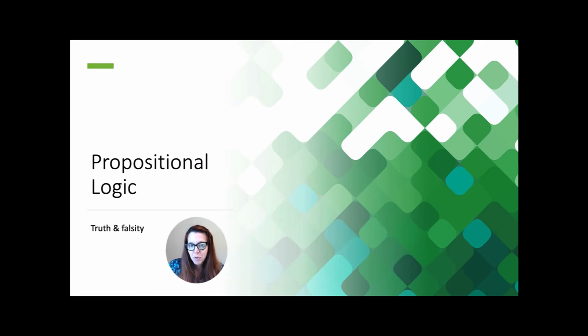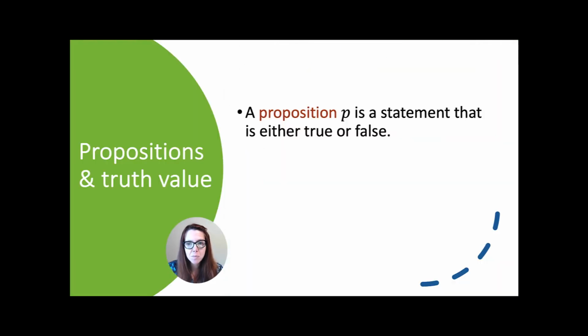So as I mentioned, propositional logic is that exploration of truth or falsity. So the first thing we're going to do is set forth with understanding some basic words that we'll make use of. The first one is proposition. A proposition is a statement that is either true or false.